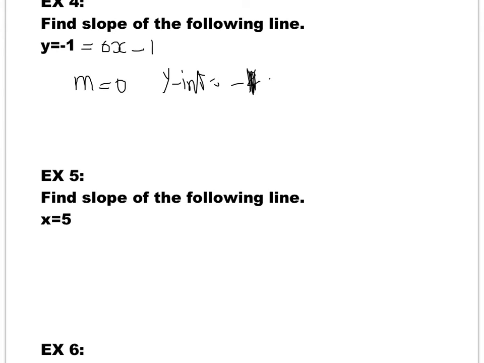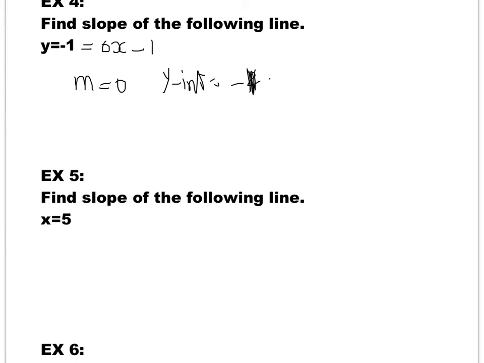Now, let's imagine this line, x equals 5. Am I going to have any rise here? If y is 10, does it change x equals 5? If y is 20, does it change anything about x equals 5? So your rise can be anything, right?